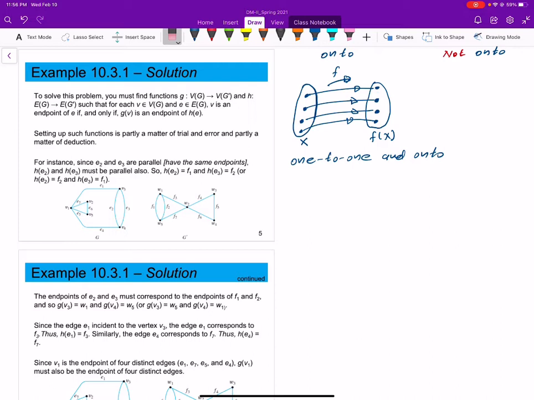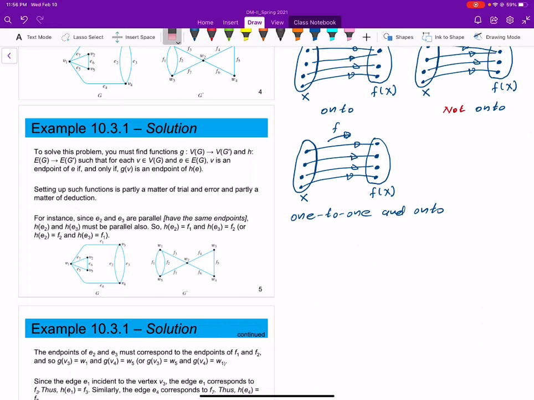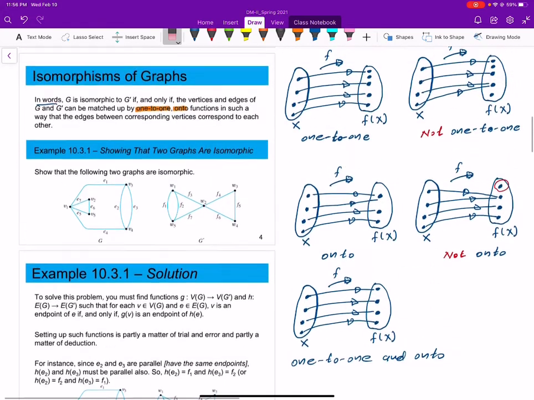If I delete that point, then this is one-to-one and onto. In one-to-one and onto mapping, every element in the right hand side set will be mapped by only one element from the left hand set. Now you understand one-to-one and onto.